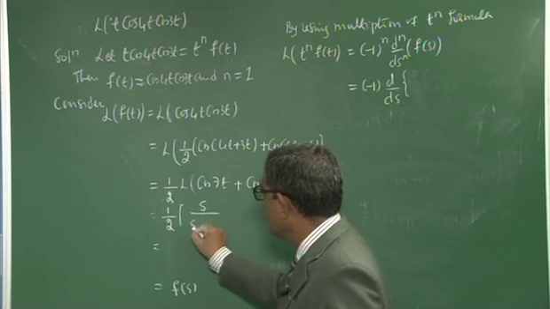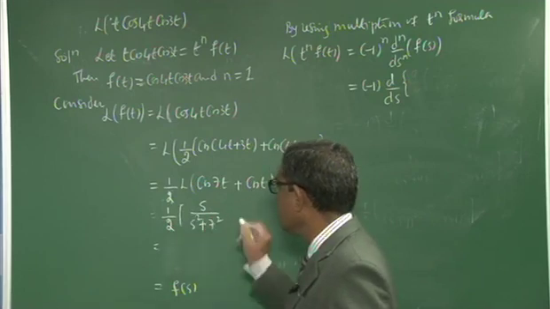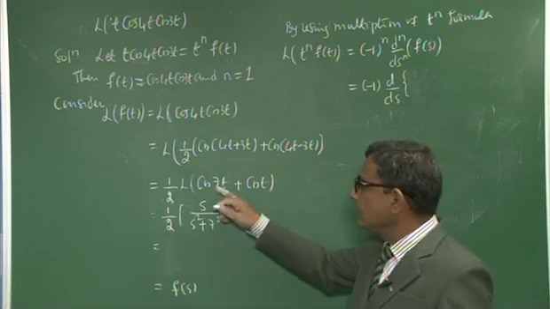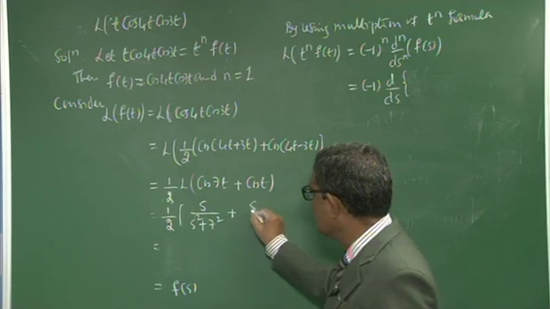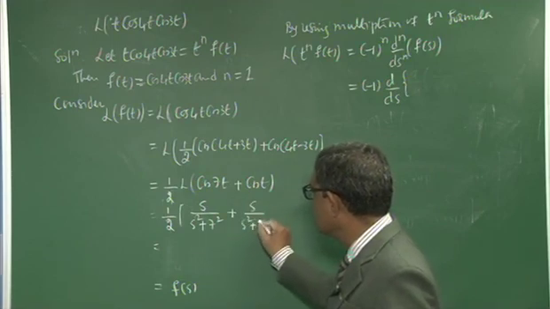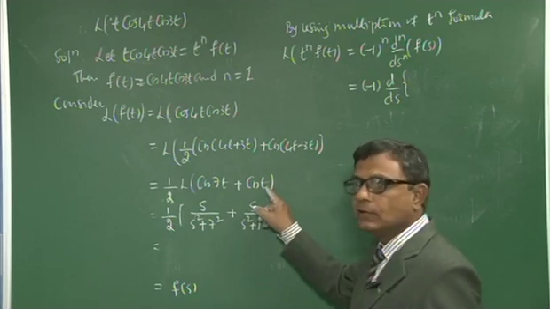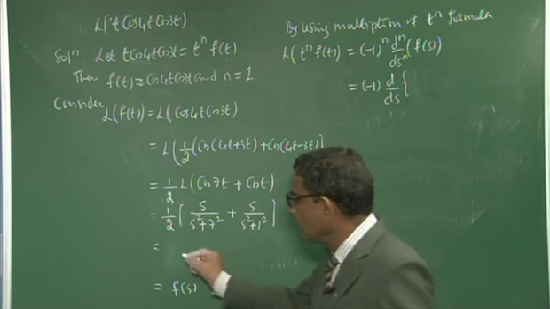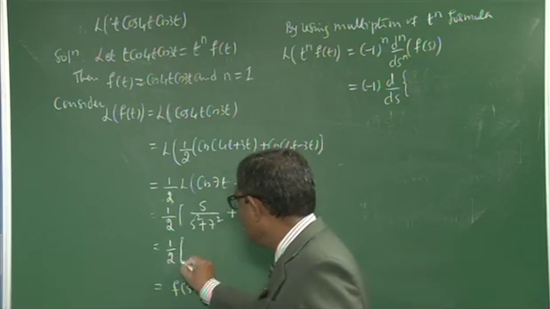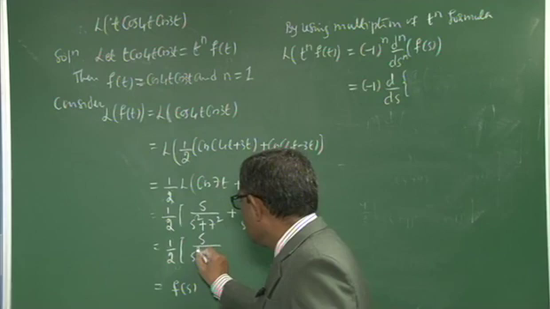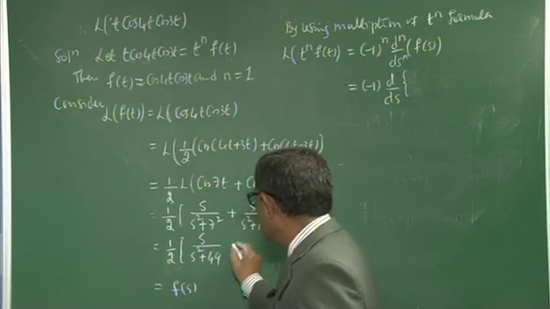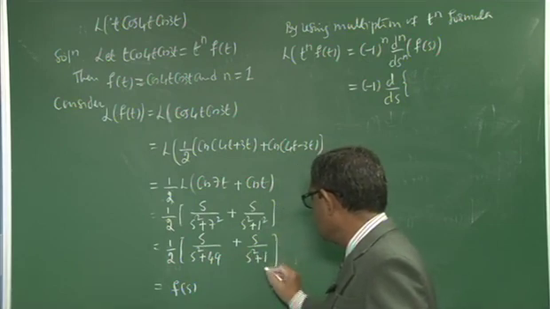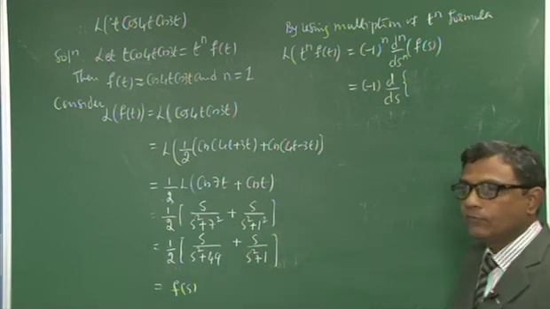S divided by s square plus 7 square plus s divided by s square plus 1 square. A is here 1. L of cos at is s divided by s square plus a square. Or you can write 1 by 2 into s divided by s square plus 49 plus s divided by s square plus 1. That is equal to your f of s.